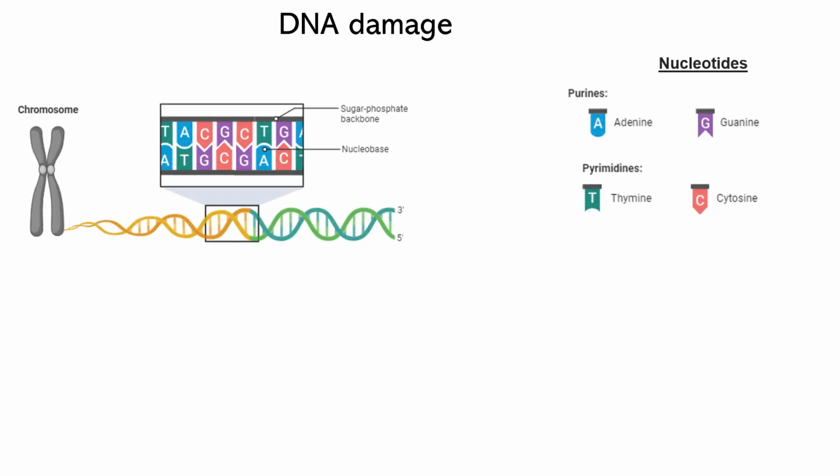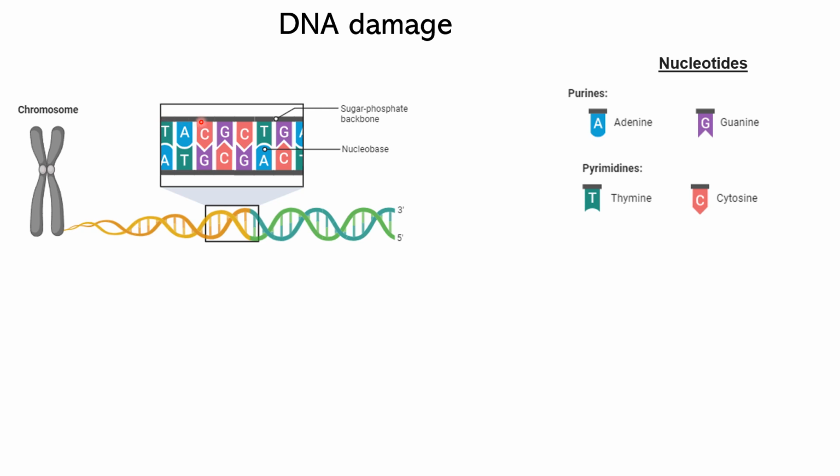Tumors mainly arise after the DNA of a healthy cell receives some kind of damage. Here, what we have is a chromosome, okay? The chromosome within the cell would have a DNA, and that DNA is made up of something called nucleobases.